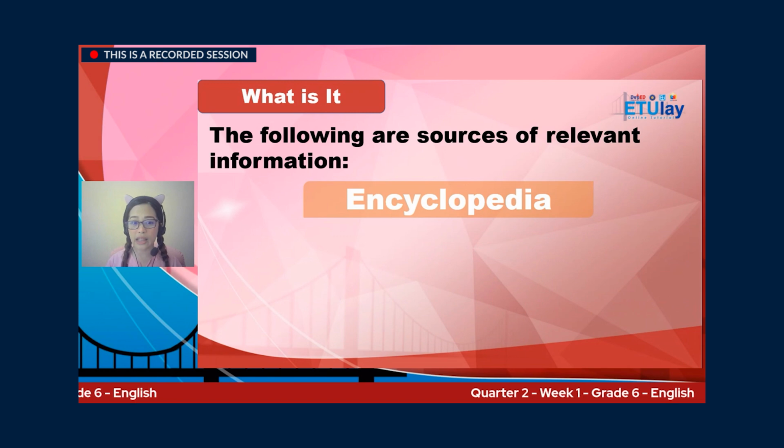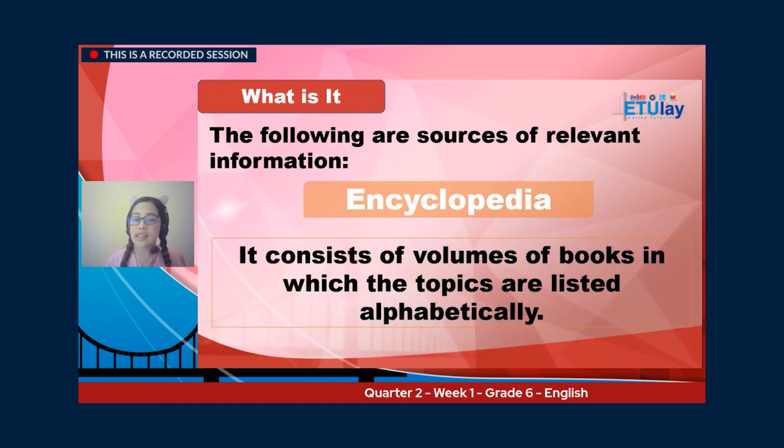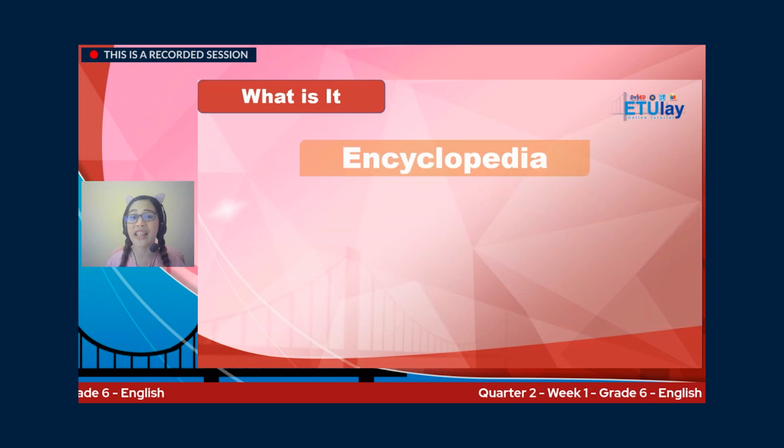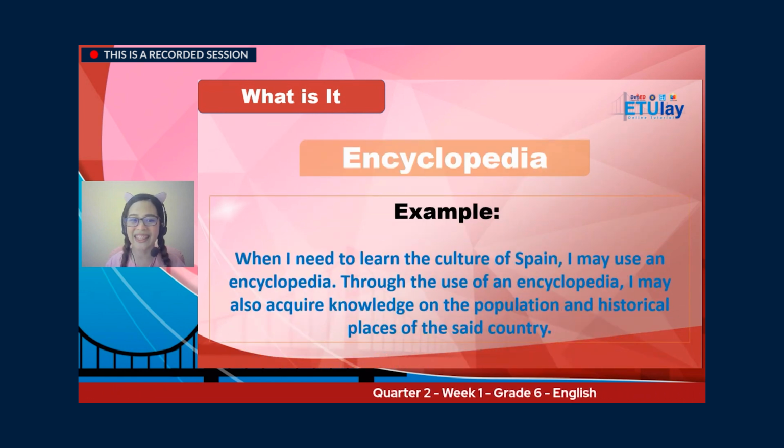Also, it consists of volumes of books in which the topics are listed alphabetically. And we have an example here. When I need to learn the culture of Spain, I may use an encyclopedia.